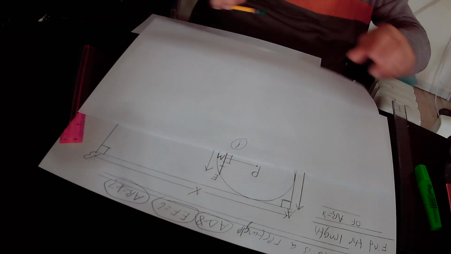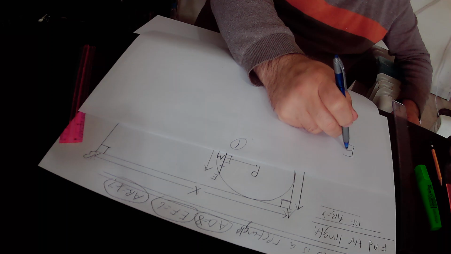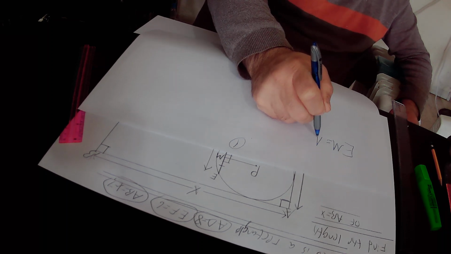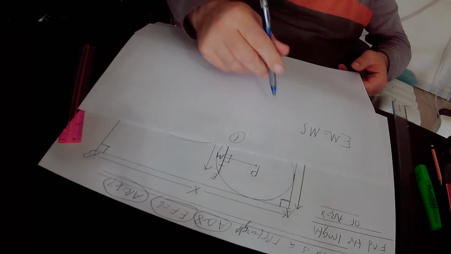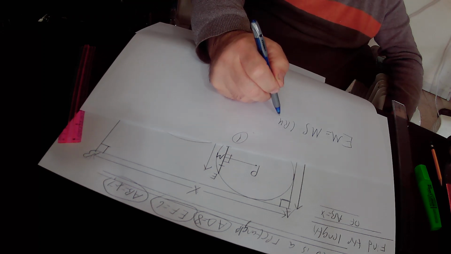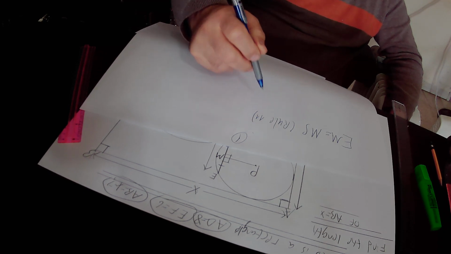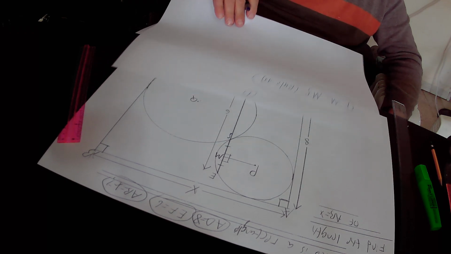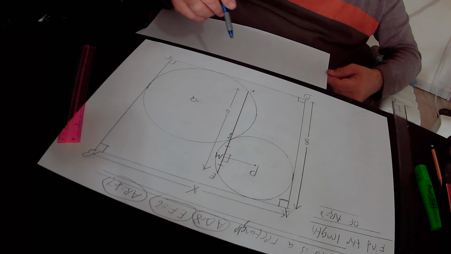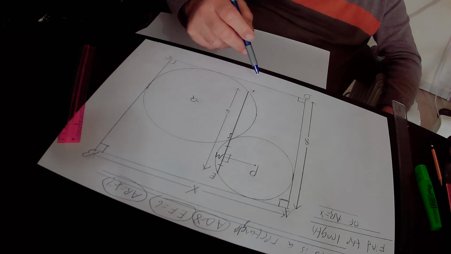According to rule 11, line segment EM equals line segment MS. Likewise, from the center of this big circle, that is to say from point Q, we will draw a perpendicular on chord SF.